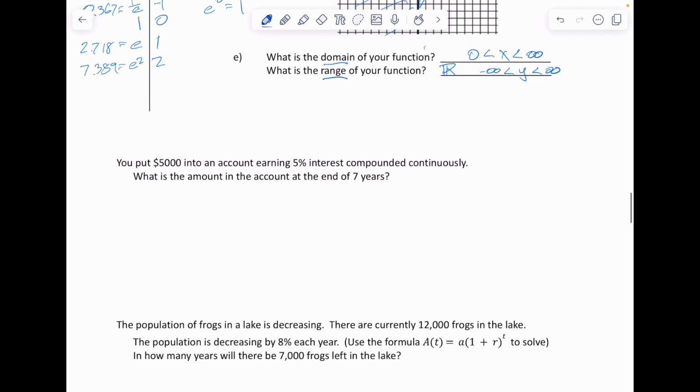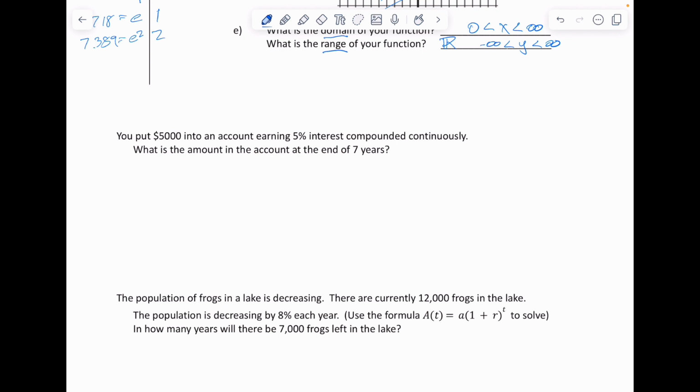All right, let's see how well we can understand our interest. So when you read this, you put $5,000 into an account earning 5% interest compounded continuously. That's your key word. When you hear compounded continuously, your mind should immediately go to PERT. What is the amount in the account at the end of 7 years? Well, the numbers we got: P is going to be 5,000, R is 5%, or 0.05, and your T equals 7.